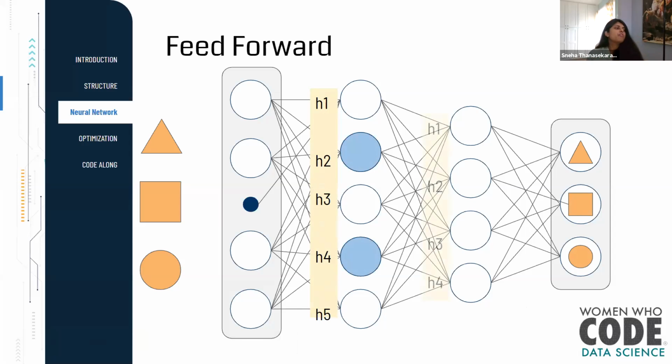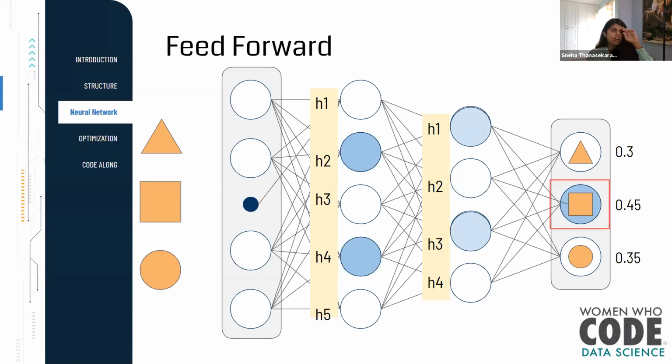This moves forward into calculating a few other activation functions in the next hidden layer, and this will activate a few other neurons, which in turn will predict the output. In here, it is a classification problem. So there are 3 probabilities, and the highest probability of 45% is assigned to a square. So that is how the forward propagation works.